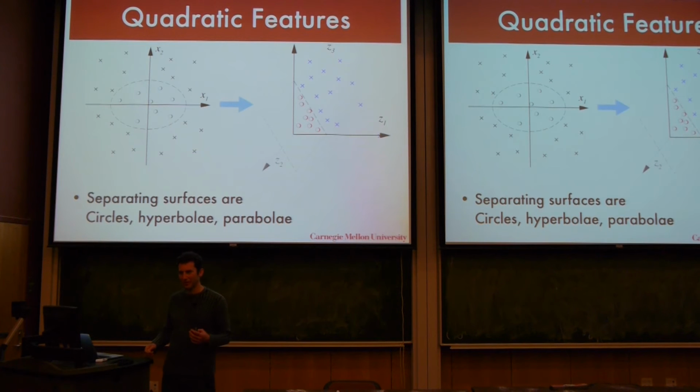Exactly. So now in that space, with quadratic terms, I can get all those nice things in the curve separated. So that's the first feature. People did that for a long time. That was actually quite possible.